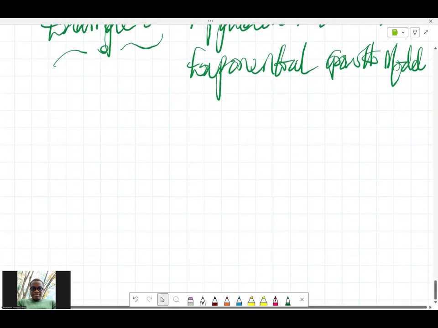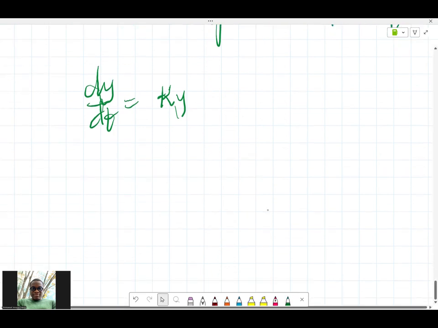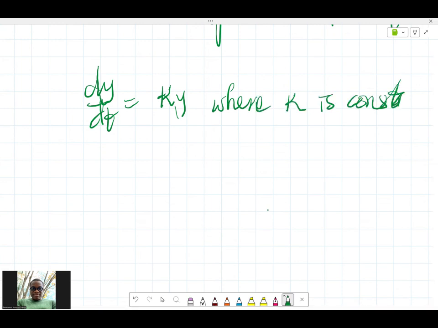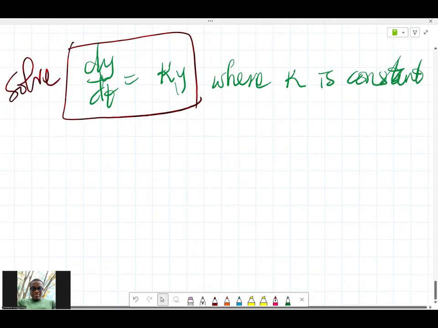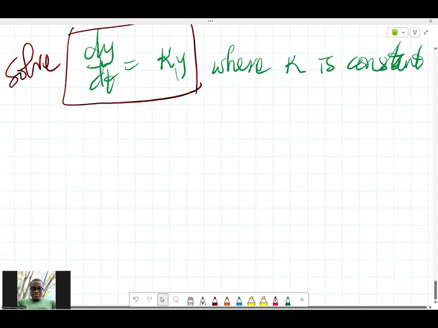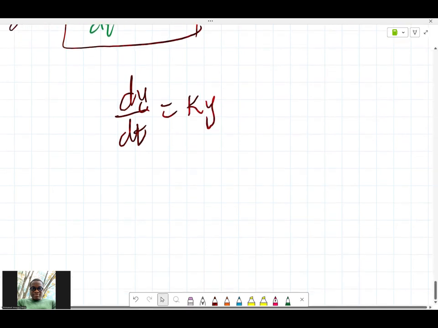Imagine you have dy/dt equals ky. Since you're talking about a growth model, time is involved, where k is a constant. We want to solve dy/dt equals ky, where k is constant. Step 1 again: there's no x here, but at least we can see y is separate on its own.